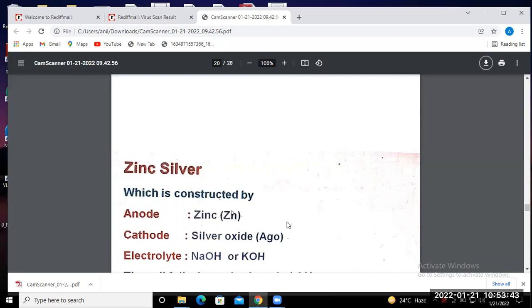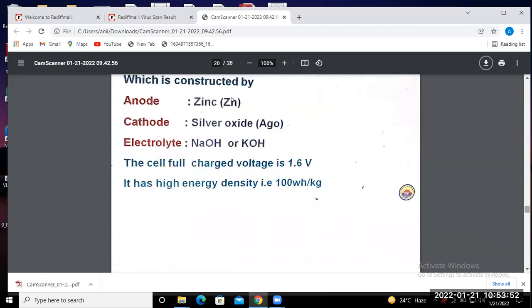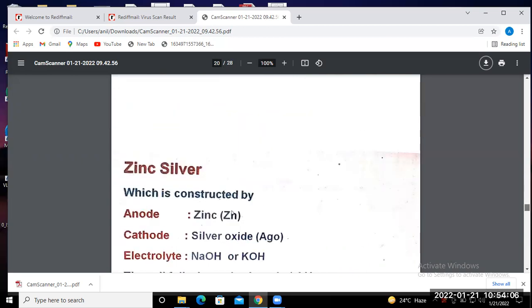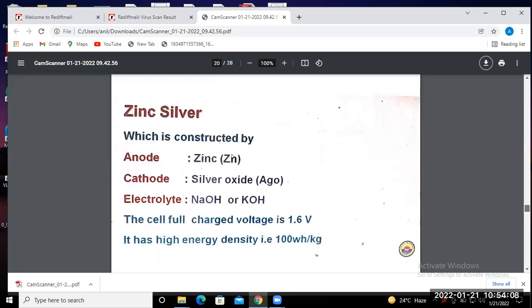The electrolyte is NaOH, sodium hydroxide, or maybe calcium hydroxide. The cell full charge voltage of the zinc silver battery is almost 1.6 volts. It has a high energy density, 100 watt hours per kg.